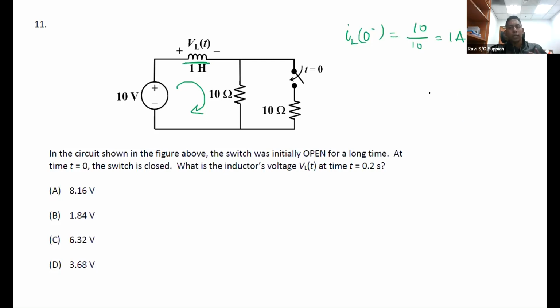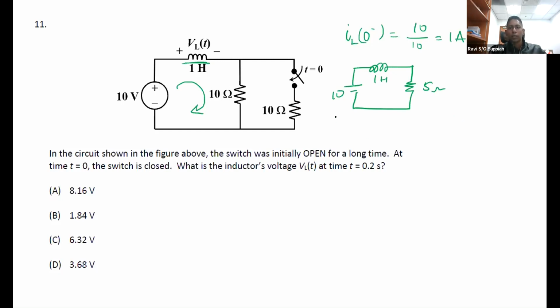You have to remember that in order to apply the standard formula, it must be RL in series. Which means that this 10 ohm and 10 ohm must effectively be redrawn as a single resistance. So this is equivalent to 5 ohm, because only when you have RL in series can you apply the standard formula.